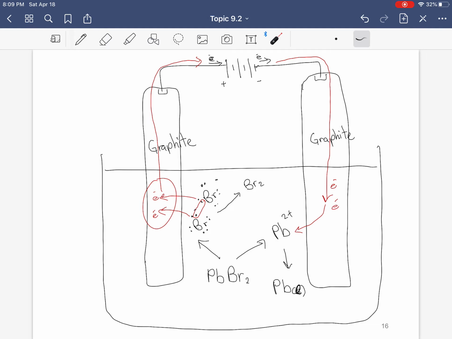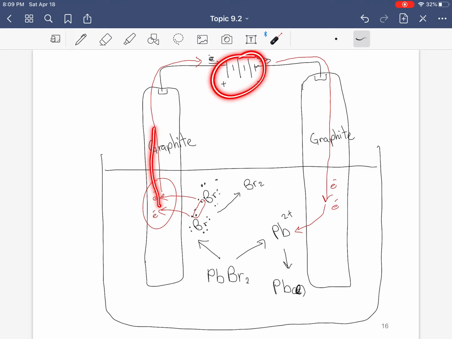All right, so let's go back and just summarize exactly what we saw. We have the electrolyte lead bromide. Because of the electricity being generated here, lead bromide will break apart to give you 2 bromine and 1 lead. The bromine will become bromine gas by dropping 2 electrons into the graphite electrode, bonding the other 2 electrons as a covalent bond.